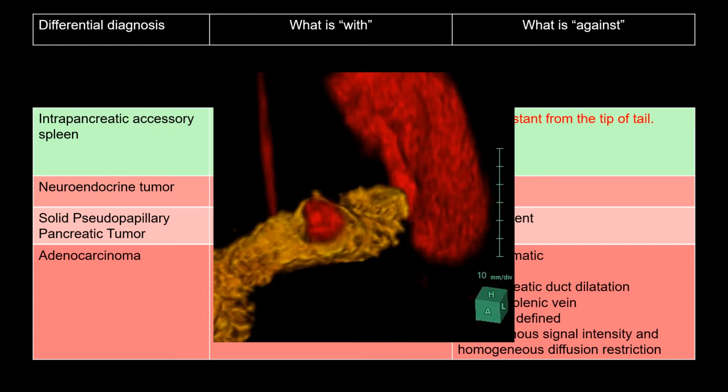But now it is the time for second thoughts. As you see, the lesion is not at the tip of the tail of the pancreas, and the intrapancreatic accessory spleen is most of the time there. And the more you encounter it away from the tip of the tail, the more the probability decreases.